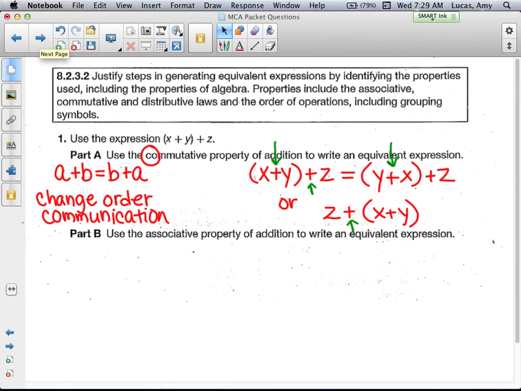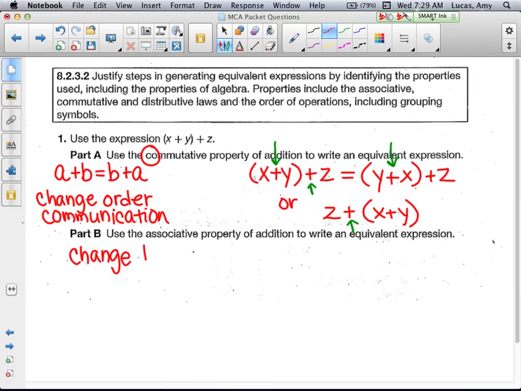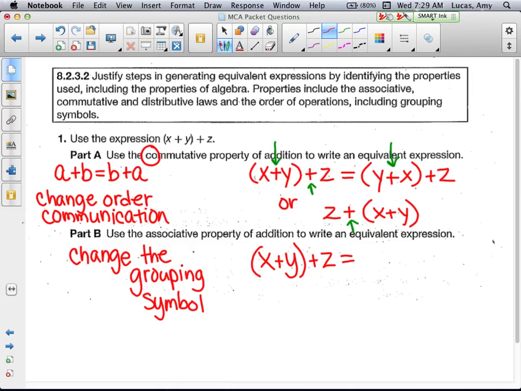Now the associative property. The associative property, we said, is changing who you hang out with, who you associate with, change the group. So the grouping symbol is what's going to move. So the order is not changing at all. So the order is still XYZ. The grouping symbol is what is going to move.